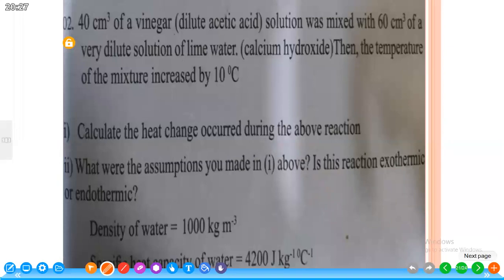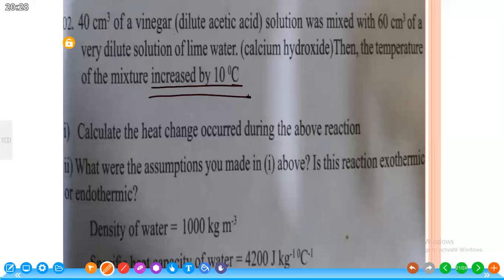So this is another question for you. 40 cm³ of vinegar is mixed with 60 cm³ of dilute lime water solution, calcium hydroxide, and the temperature of the mixture increased by 10 degrees Celsius.